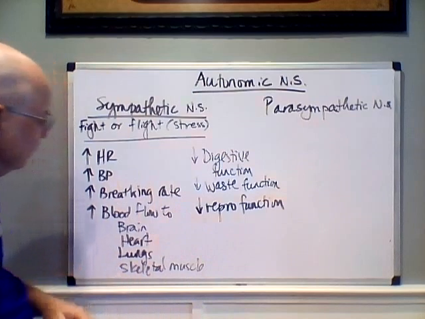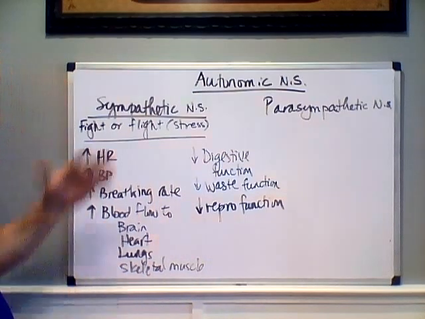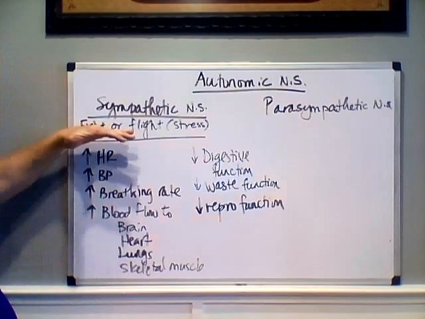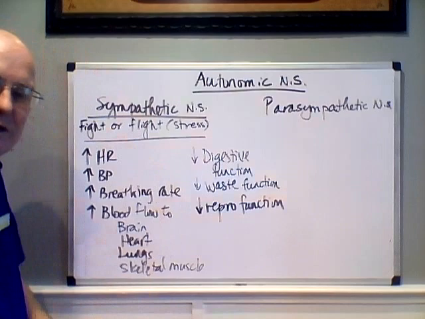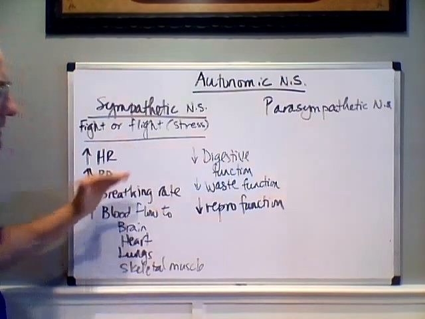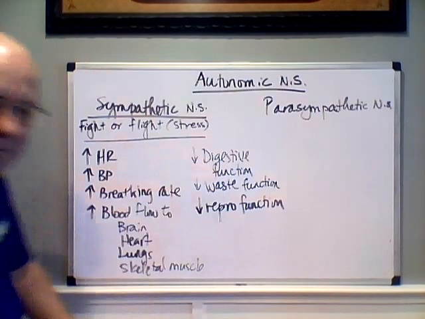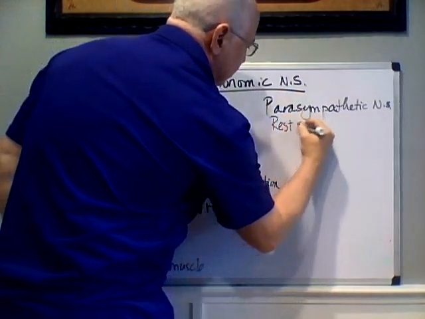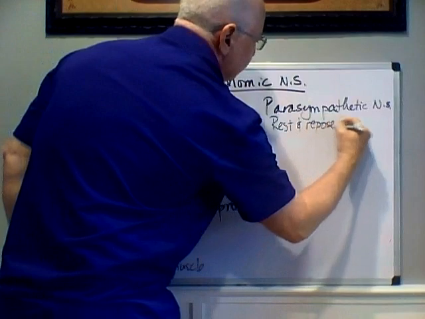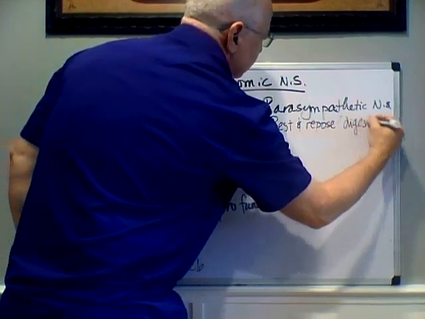So when we know fight or flight, when we know the sympathetic nervous system, we understand the parasympathetic nervous system because it is the exact opposite of this. Parasympathetic is referred to as rest and repose, and to repose means to digest.